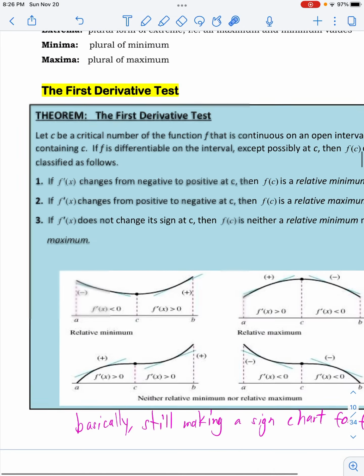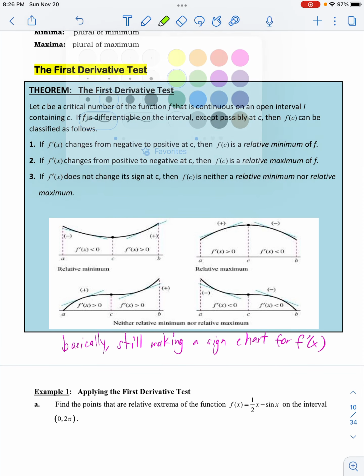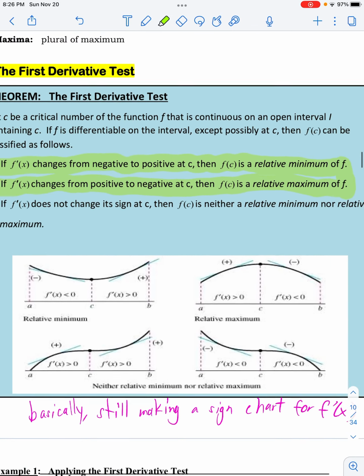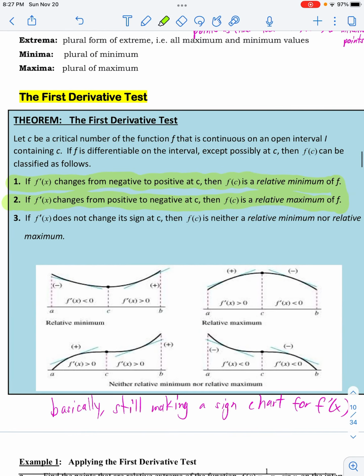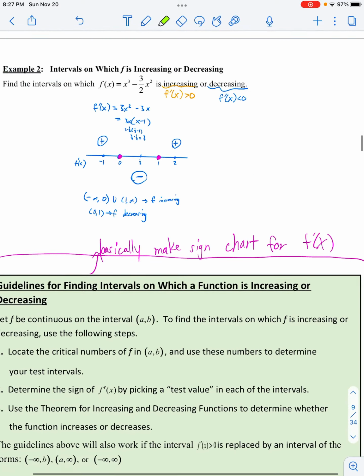And right here, this is important, okay? Let me make this bigger. Here you go. If f prime changes from negative to positive, then f of c is a relative minimum of f. So negative to positive, it's a relative minimum, okay?